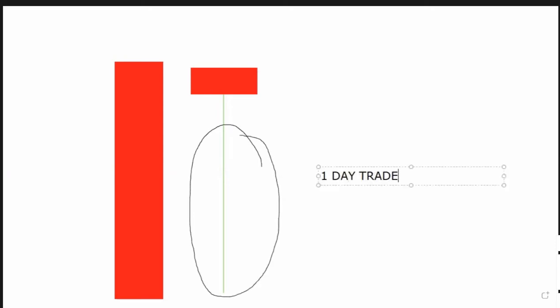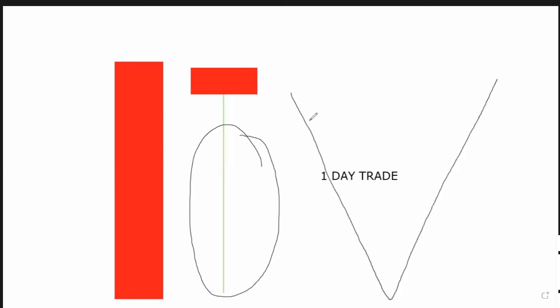But at least if we're able to enter this trade, we're already able to capture this kind of profit in just a 1 day trade, just to buy inside here. If you look at the tick chart, the smaller time frame, the price actually came down and then pushed back up very fast. It's a V-shaped recovery in just 1 day, very fast. So sometimes we can spot this type of opportunity to trade.